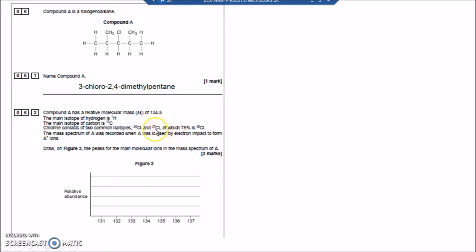The one at 134 that's got the 35Cl, which is 3 times more common, will have a higher peak because relative abundance means how much of it there is. So if we had 1, 2, 3 parts at 134, that would compare to 1 part at 136.